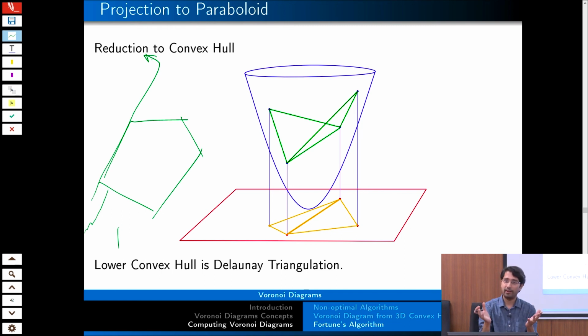So another way to think about a convex hull is as a collection of maximal empty half spaces, which do not contain any of these points. So this whole R2 will be projected onto a paraboloid. You will have a set of site points on the paraboloid, and to find the Voronoi vertices, what you need to find is the convex hull of these projected site points.